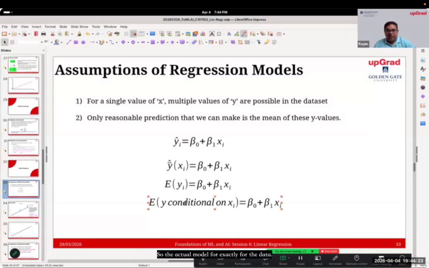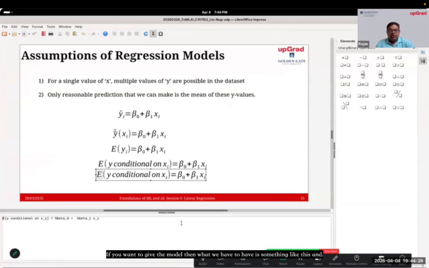So the actual model for the data, if you want to give the model, is something like this.